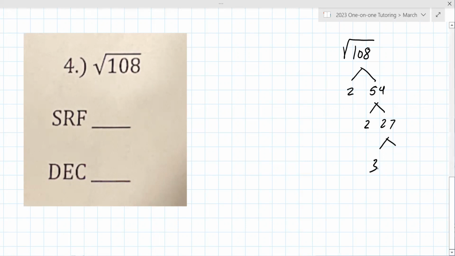Does 3 work? 3 does work. 3 times 9. Does 3 work for 9? Yep, 3. Okay. Now, do you have any pairs?